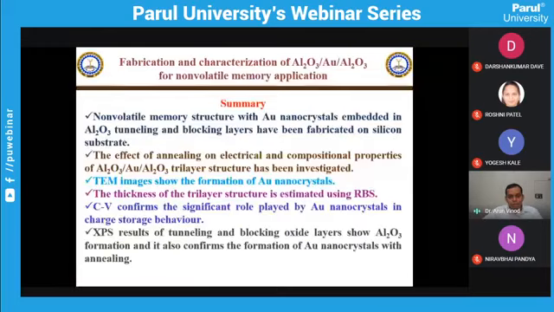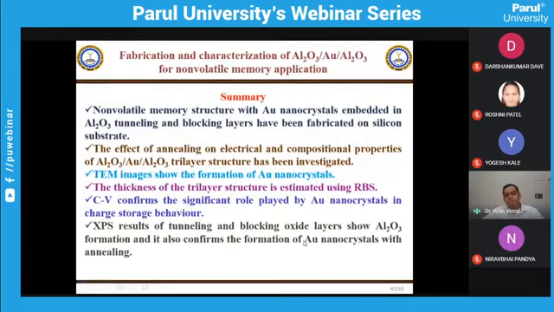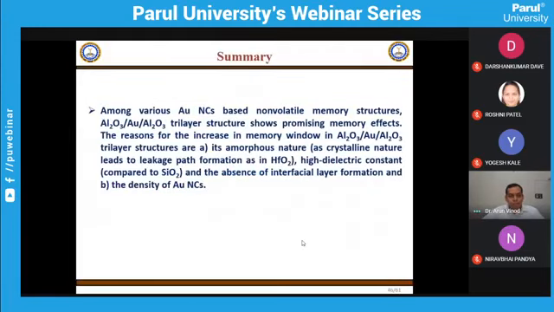What we understood from the study of hafnium oxide gold hafnium oxide, SiO2 gold SiO2, and Al2O3 gold Al2O3 is that among the various gold nanocrystal based memory structures, the tri-layer structure with aluminum oxide shows more promising memory effects than hafnium oxide gold hafnium oxide and SiO2 gold SiO2.